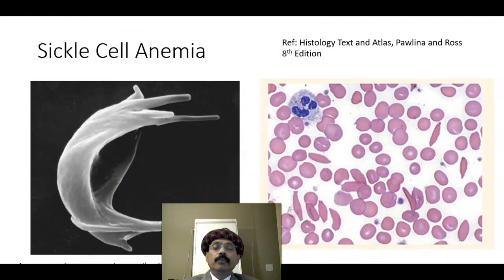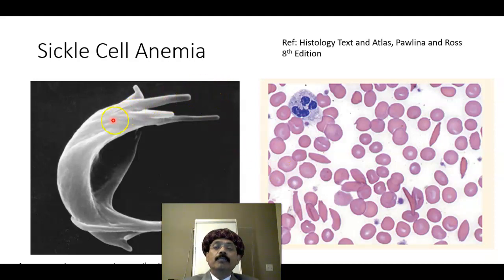Okay, so the RBC may be abnormal in many situations. It may be small in size, we call it microcyte, due to iron deficiency anemia. It may be large in size, we call it megaloblast or macrocyte, found in vitamin B12 or folic acid deficiency.